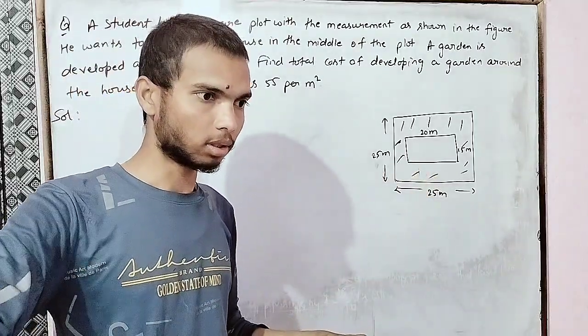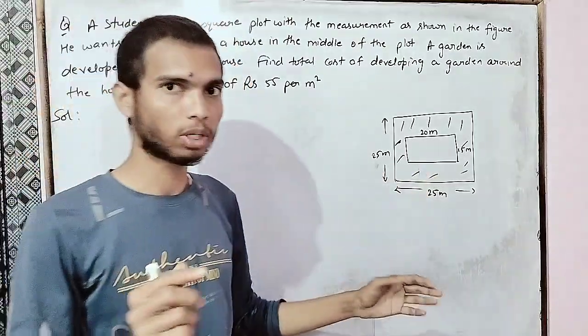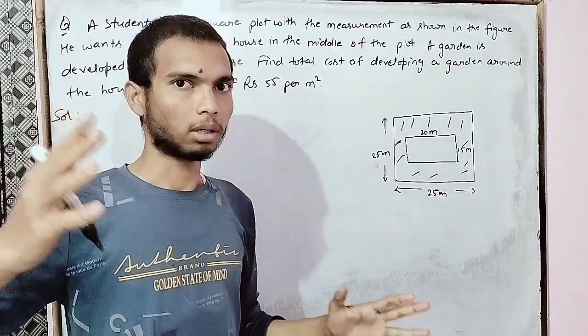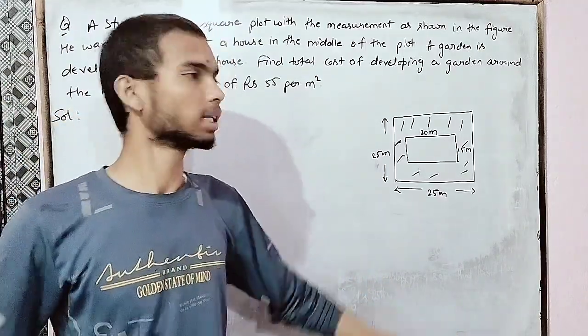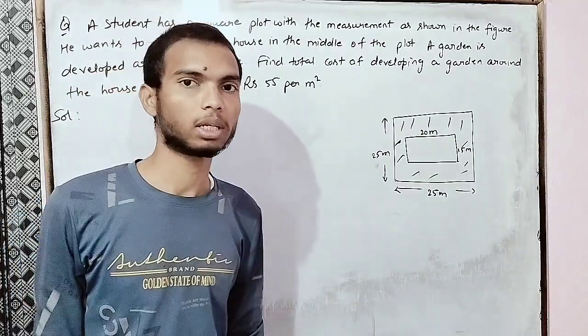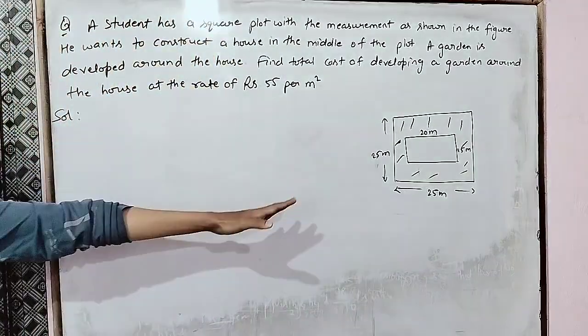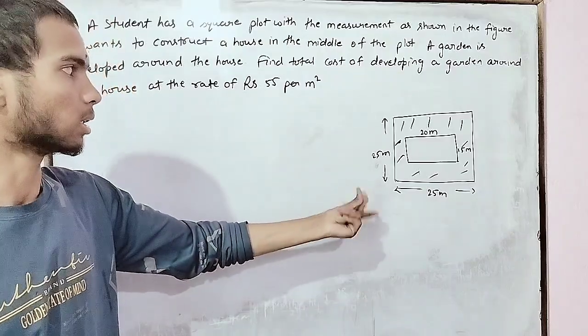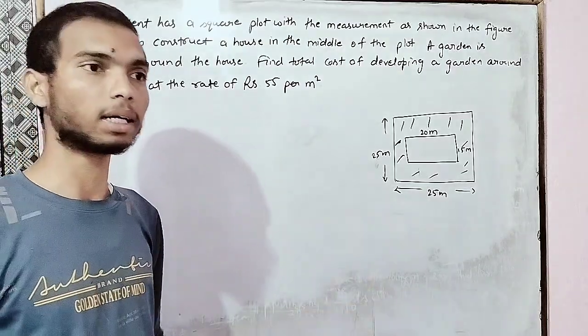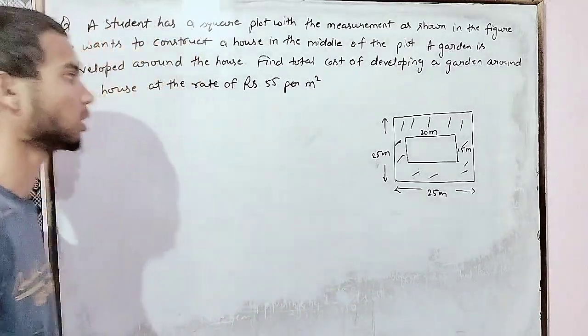Of course, here we can observe that the square is bigger than this rectangle. The figure is clearly saying that a square plot is bigger and a house is inside the plot.